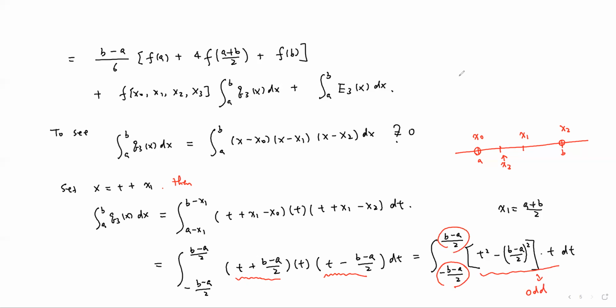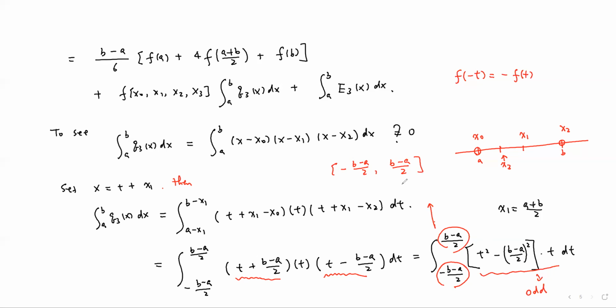What is an odd function? An odd function satisfies f(negative t) equals negative f(t), and its graph is symmetric about the origin. This function is odd, and the integration interval, from negative (b minus a) over 2 to (b minus a) over 2, is also symmetric about the origin.